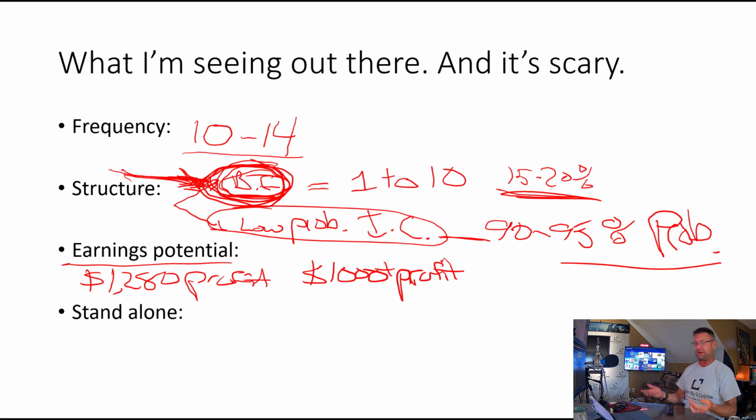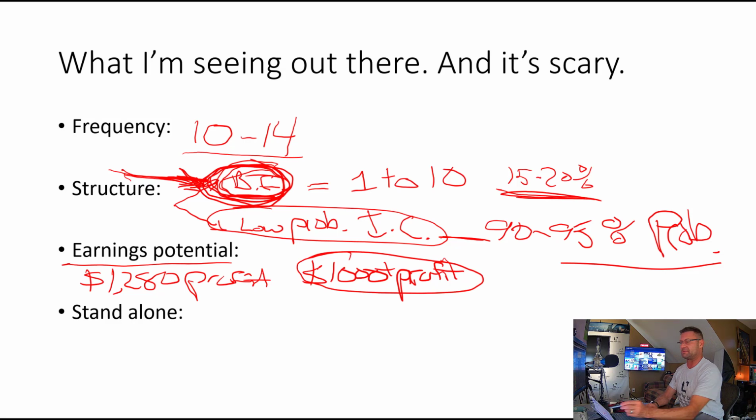Now again, there's no guarantees with that, and it's up to us as individual traders to make sure that we execute on that opportunity. But that's what the profit potential is. If you want to ask somebody what the profit potential of a butterfly or a low probability iron condor is, they don't have the ability to tell you that, because you have to guess. You would have to guess at what the market is going to do, whereas we trade dynamically.